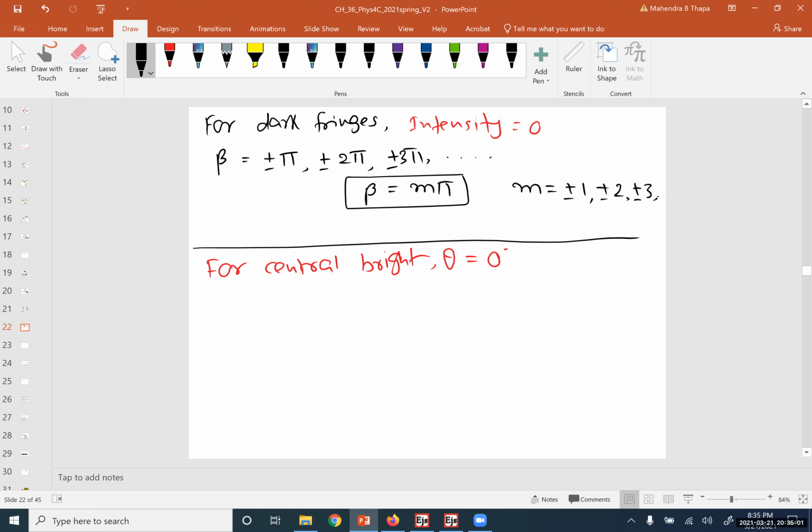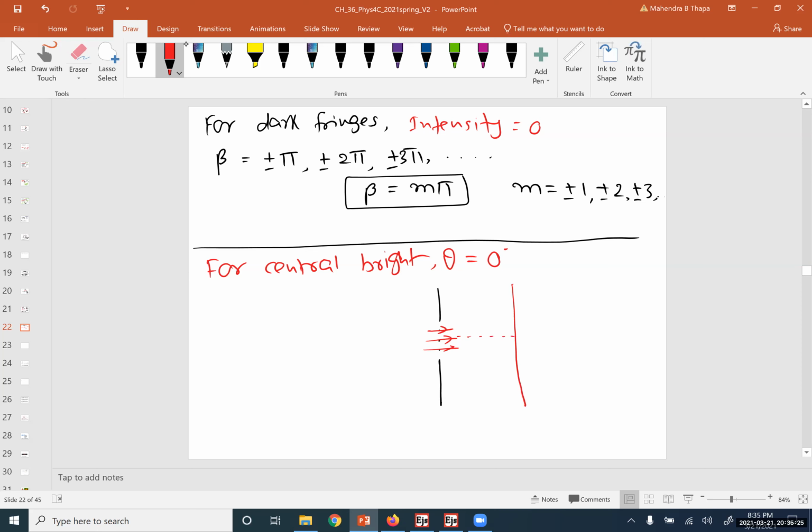Because if you remember the previous case, each point on the slit behaves as a source, so we will consider all the rays parallel to this direction.